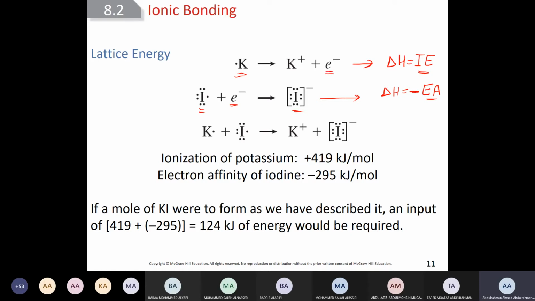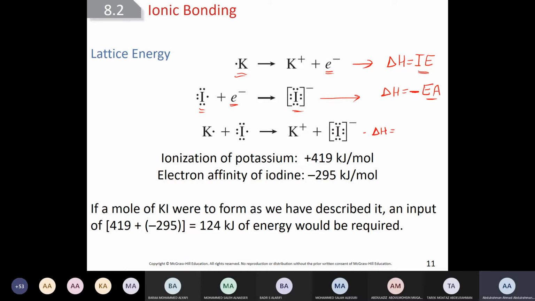All right? So here, when these become like this, what will be delta H for this one?